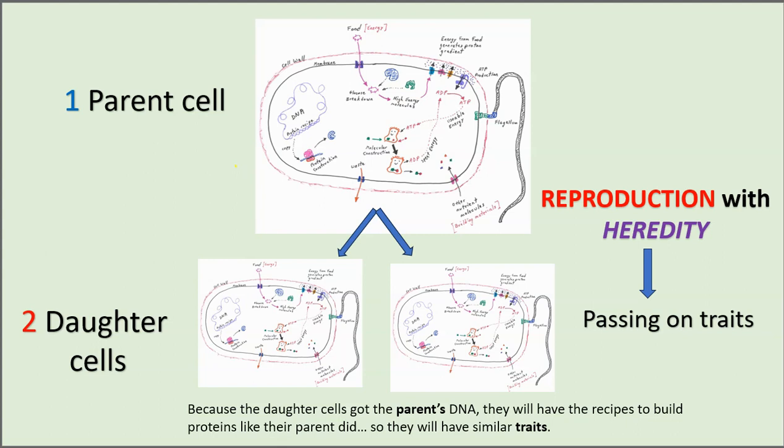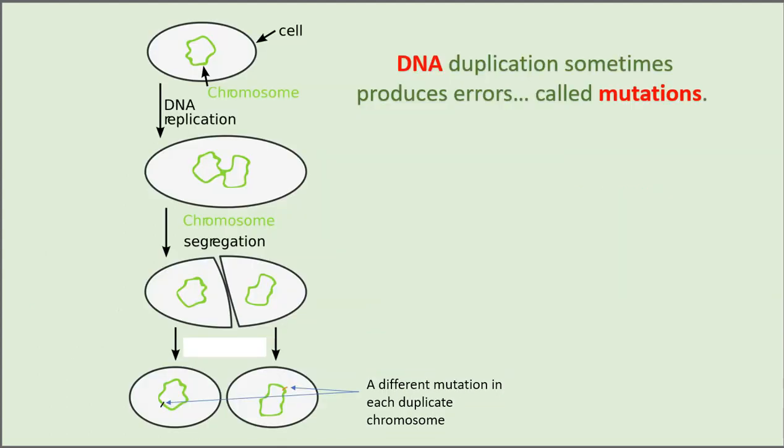Now, occasionally, there can be errors. So here we see the bacterial cell, and here's the circular chromosome, a circular DNA molecule. When that DNA molecule gets duplicated, sometimes there can be errors that we call mutations. And so the daughter cells might actually be different from the parent and possibly different from each other.